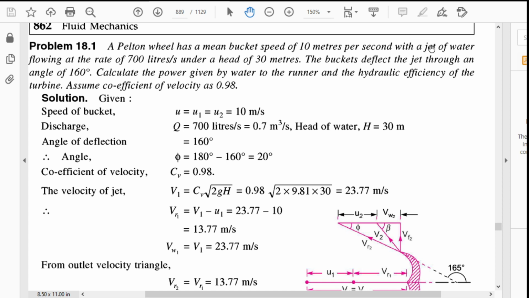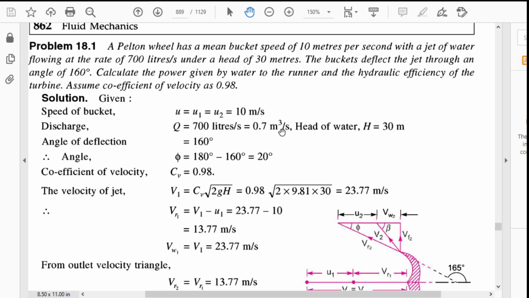Now secondly they have given the jet of water flowing at the rate of, in liters per second, which means it is a discharge. Q equals to 700 liters per second.